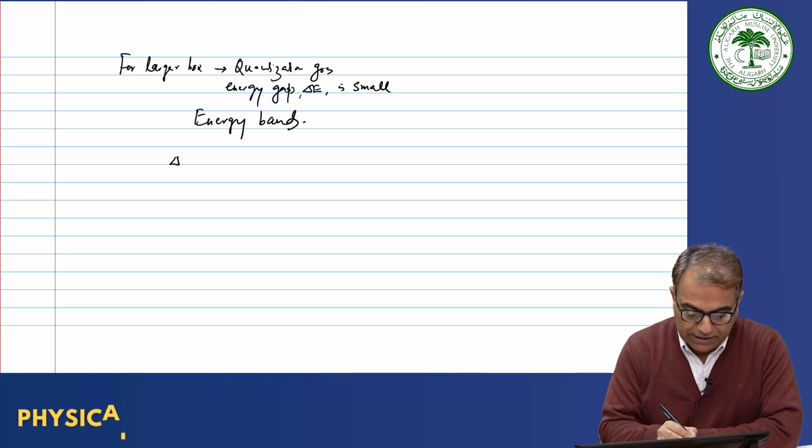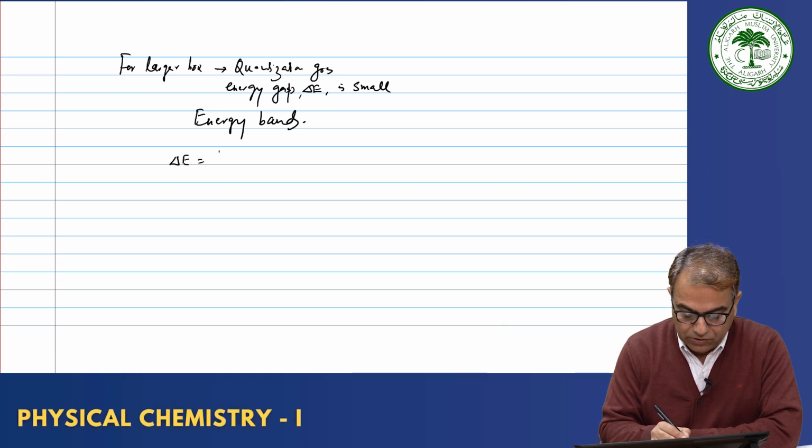So, if you write delta E is equal to h square divided by 8 m a square into nf square minus ni square, then you can write this delta E to be equal to h nu.